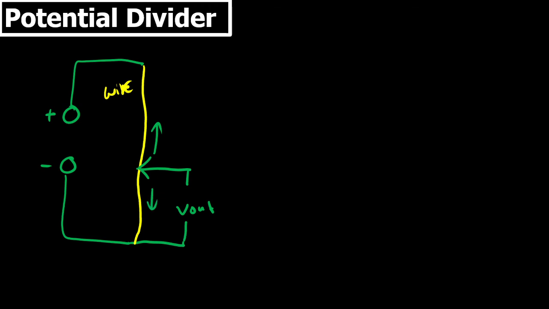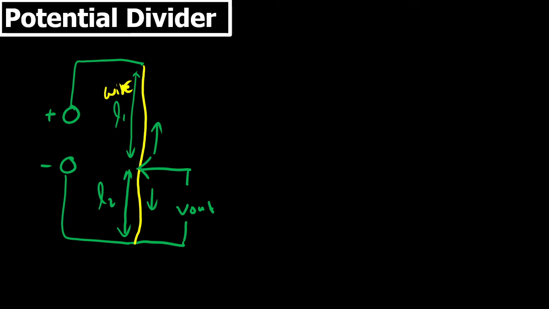When you slide it up and down, you are changing the length here. So I'll call this L2. Then that would obviously mean that this is L1. When you increase the L2, you also change the resistance.